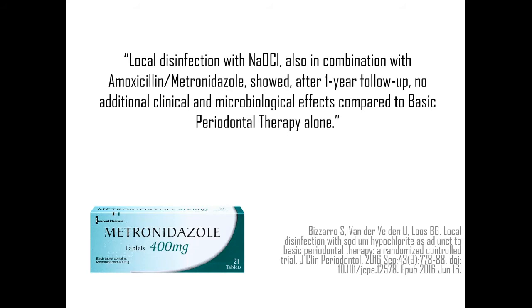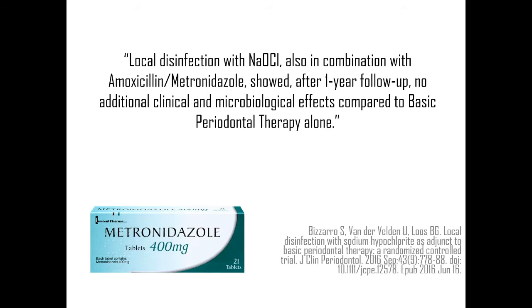And then basic periodontal therapy plus saline plus amoxicillin. The outcome was analyzed at baseline, 3, 6, and 12 months. In the short term, there were better outcomes in terms of pocket depths with the group that did scaling and root planing plus sodium hypochlorite plus the antibiotics. But at 1 year, there was no microbiological difference between any of the groups.